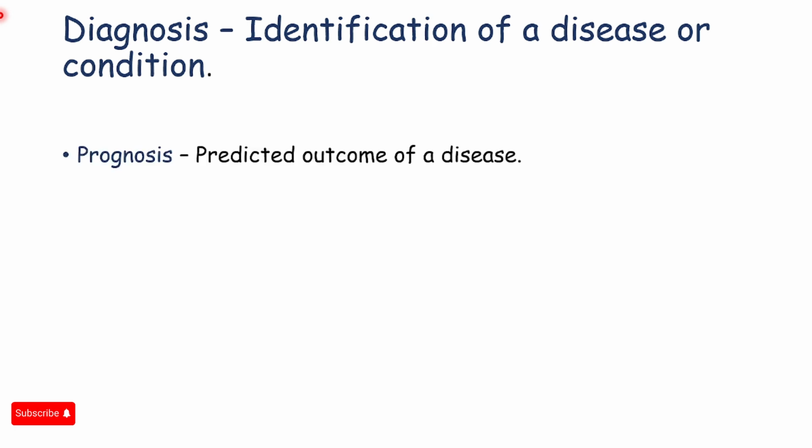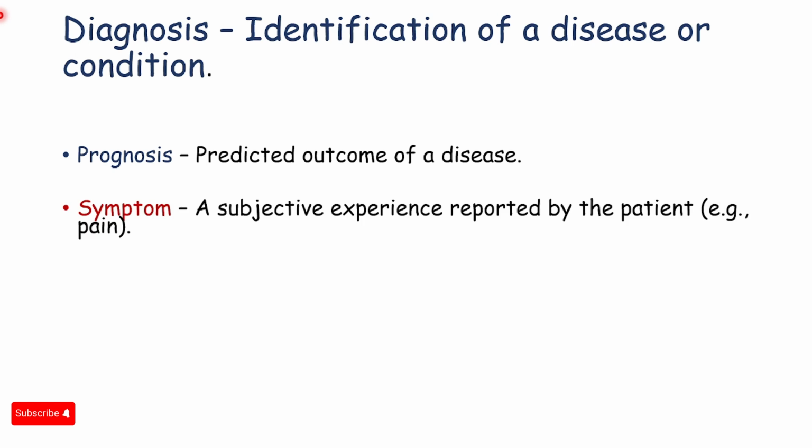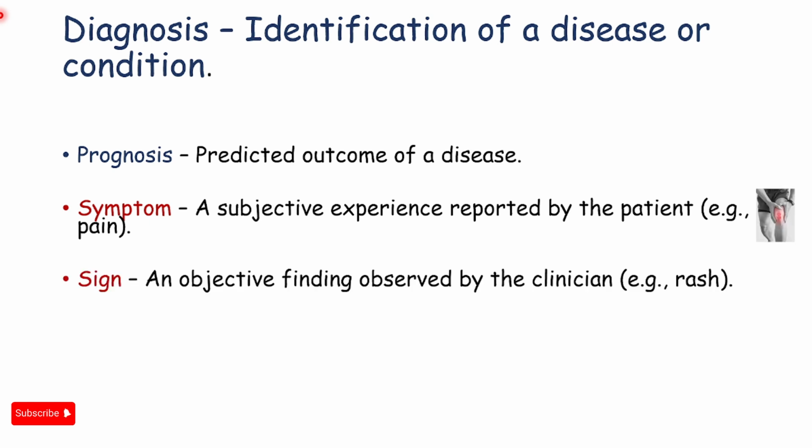Other common terms related to the diagnosis, indication of disease or condition like prognosis means predicted outcome of a disease. Symptoms, a subjective experience reported by the patient, like a patient complains about his or her pain, is called symptoms. Sign, an objective finding observed by the clinician is called sign, like rash.